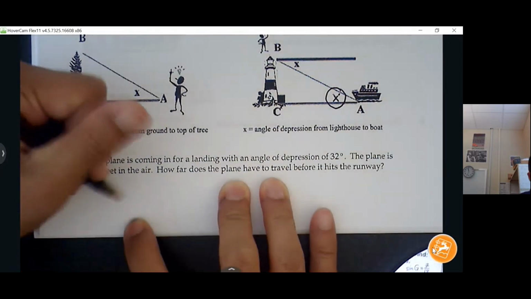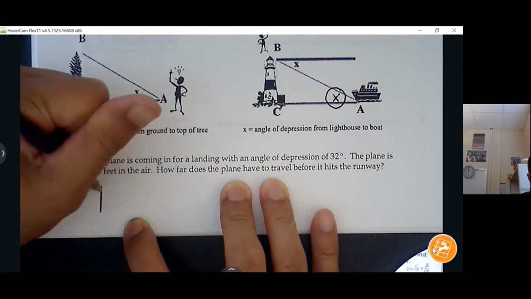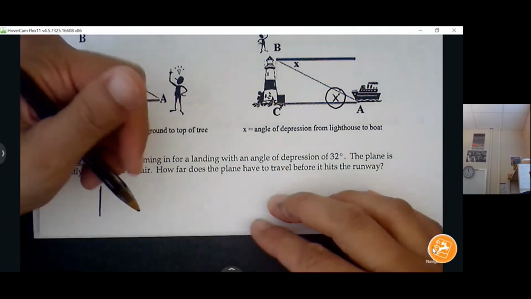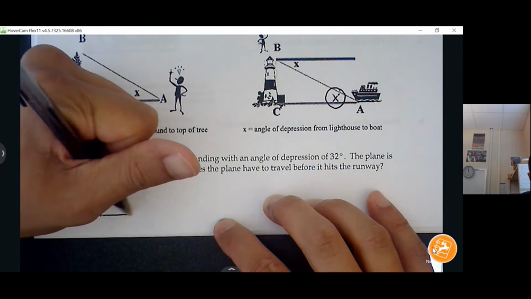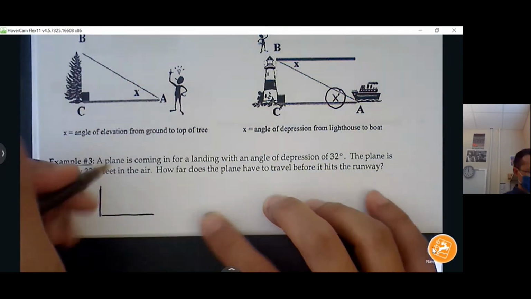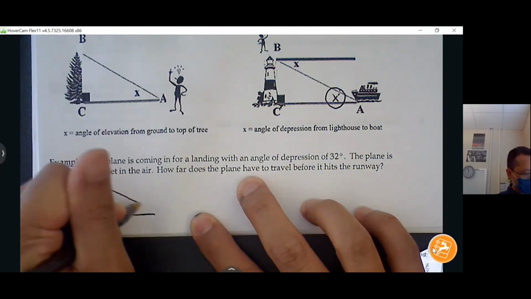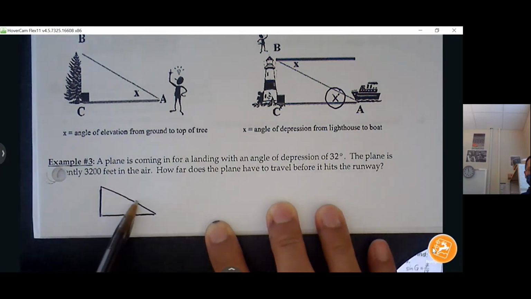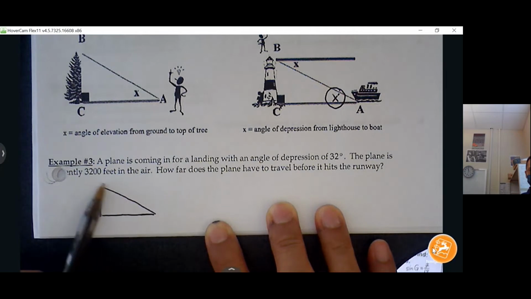Okay. So I'm going to draw a triangle to highlight. Now, every word problem is going to be a right triangle. So you just have to kind of visualize how your diagram fits into that right triangle. So here's my plane. My plane is coming down for landing, right? So it's going to follow this path here.